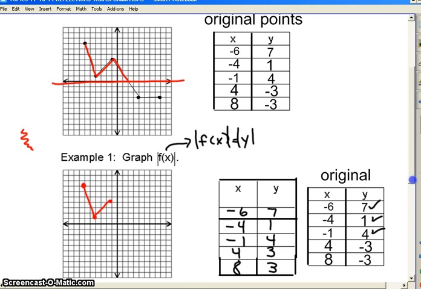Okay, but I'm going to go ahead and graph this point here just so I can erase part of it. Watch what I do. I'm going to go over 4, down to negative 3. I'm sorry, I was thinking something else. 1, 2, 3, 4, 2, 3.